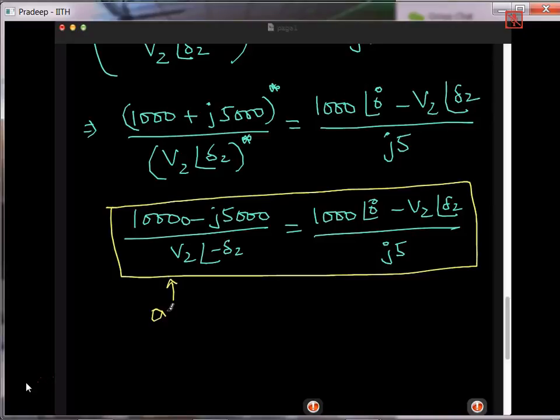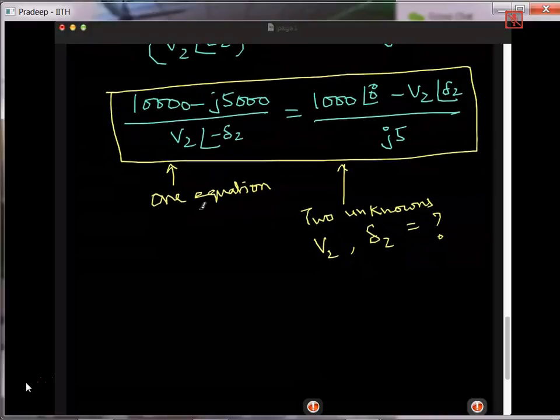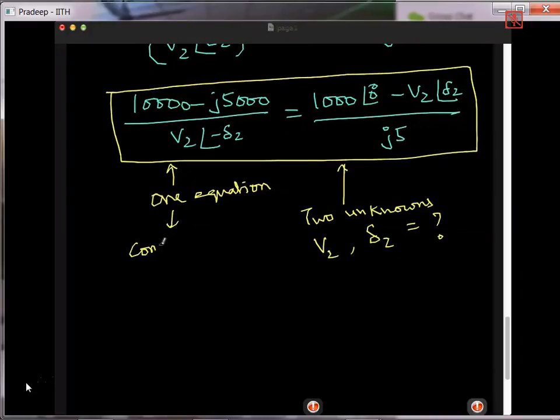So we have one equation and we have two unknowns. What are the two unknowns? V2 is unknown and delta 2 is unknown. But actually this is a complex equation. A complex equation can have a real part and an imaginary part.